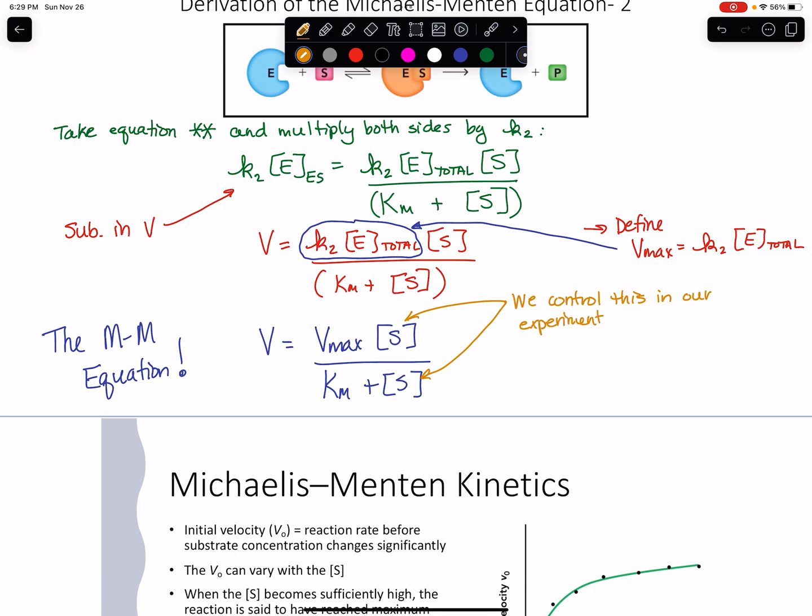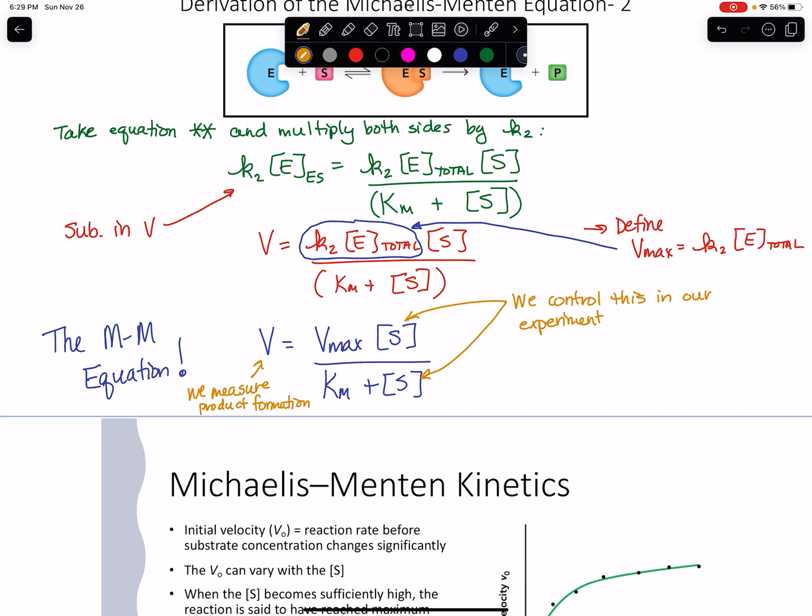What do we measure? We measure a velocity. We measure product formation. And sometimes that is measured by loss of substrate. So for example, if your reactant or your substrate is colored and the product isn't, the thing you can measure is the loss of color.